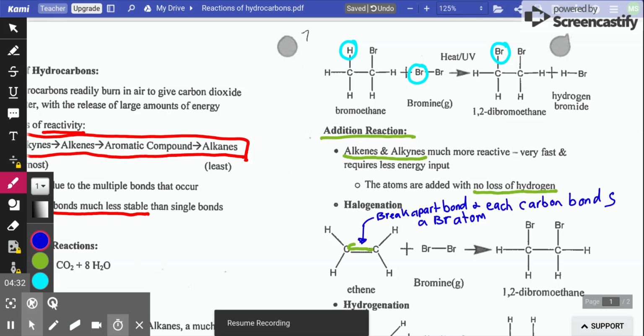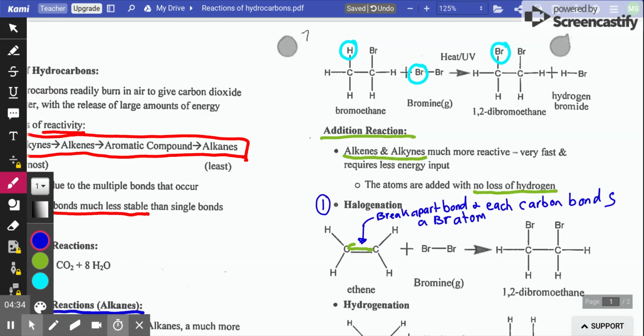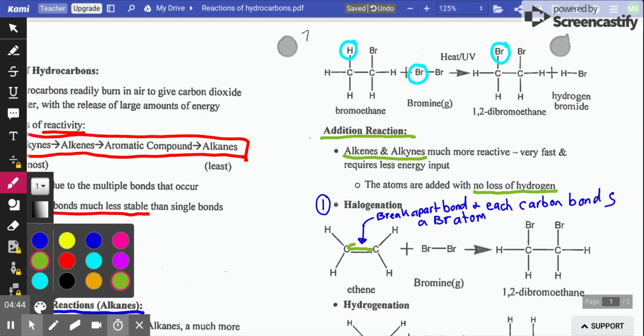The first type of addition reaction is a halogenation. So the double bond gets broken, it breaks apart, and each carbon atom involved ends up bonding to a bromine. So we break apart this double bond that I highlighted in green, and each carbon bonds a bromine.